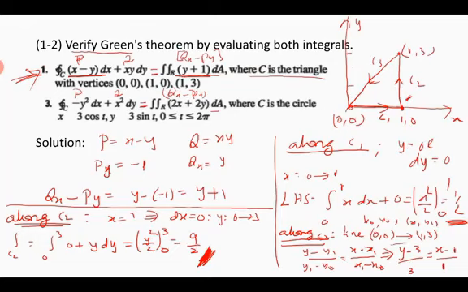So now simplify this one. Take 3 to the right side, multiply, 3x. So y is equal to 3x. When you simplify this equation, you will get y is equal to 3x is the line. So along C3 is nothing but y is equal to 3x.